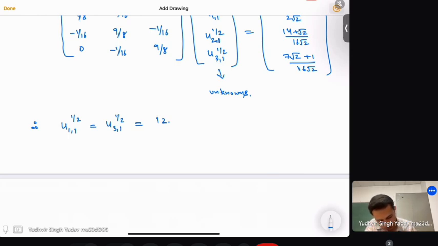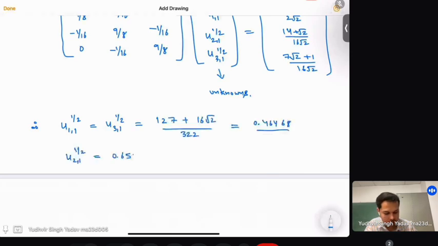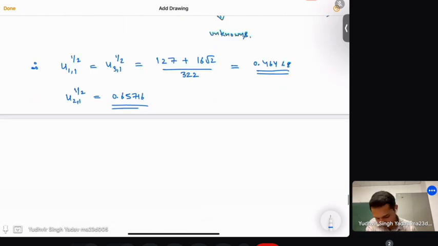And u(2, 1/2) is obtained as 0.65716. So you can compare with the solutions; you just have to replicate the procedure that I have done, and you must arrive at the solution of this form.